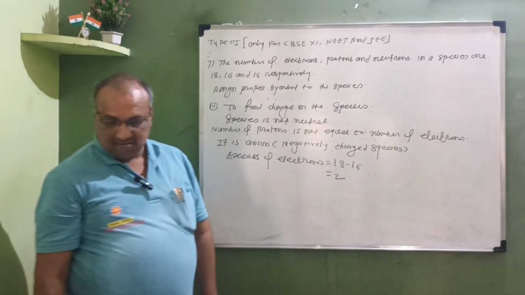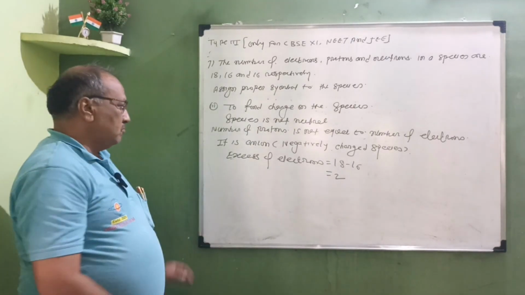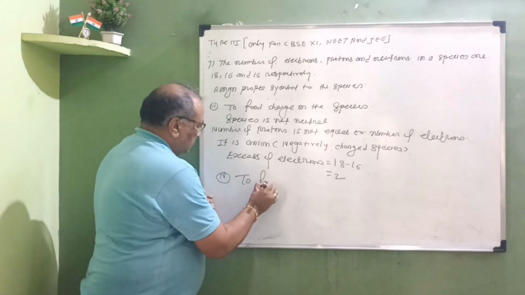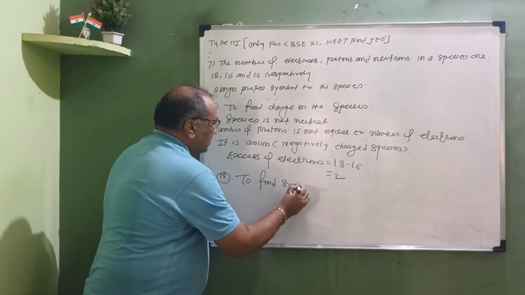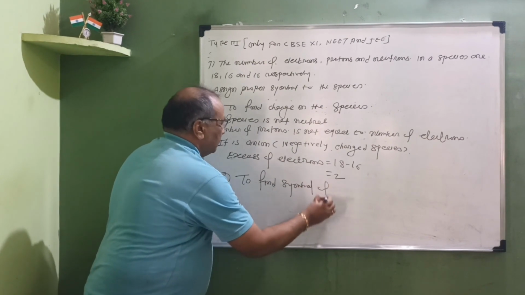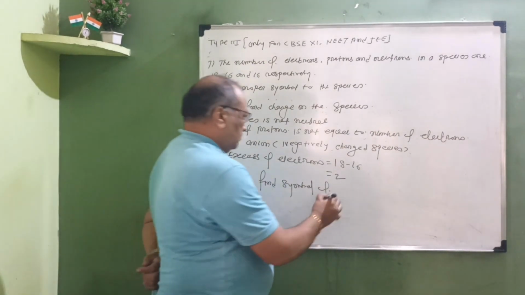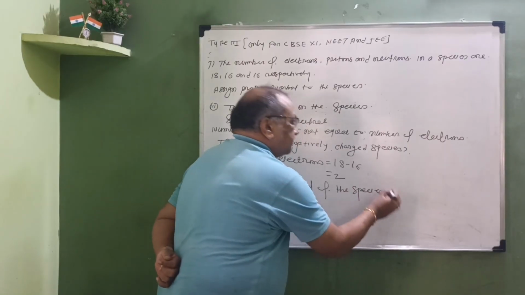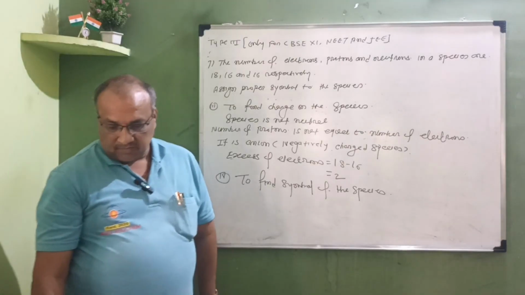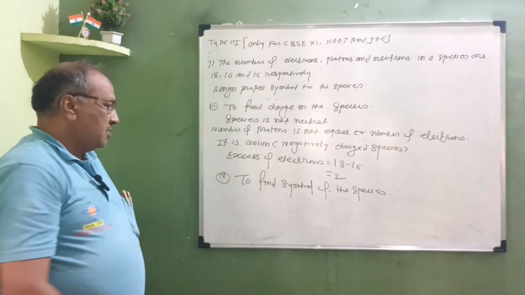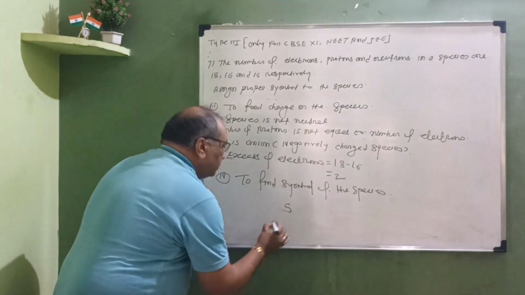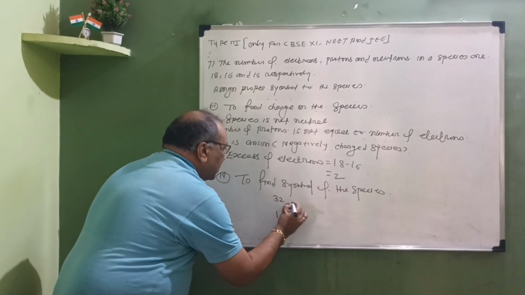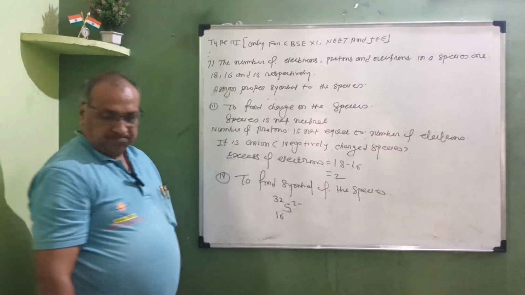That means here to find symbol of the species, that is, here write down S, 16, 32 and here 2 minus.